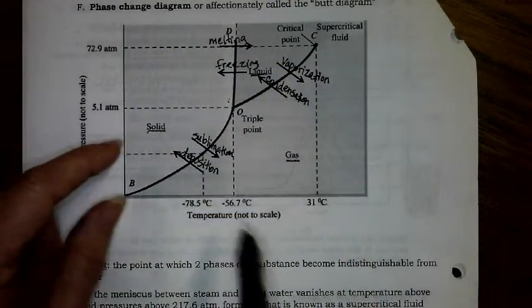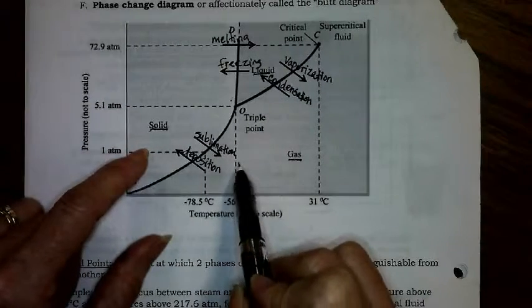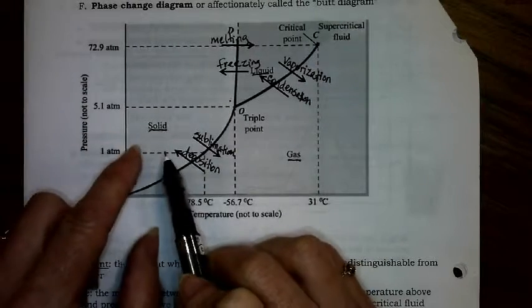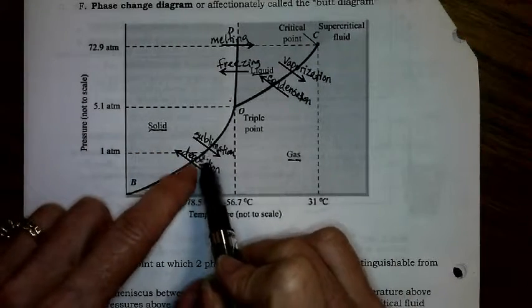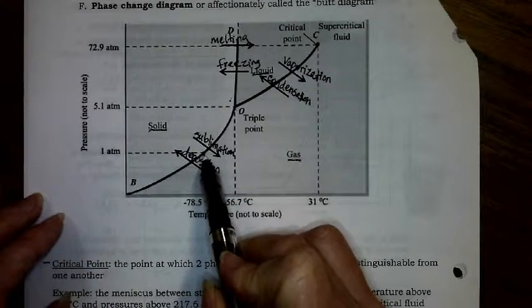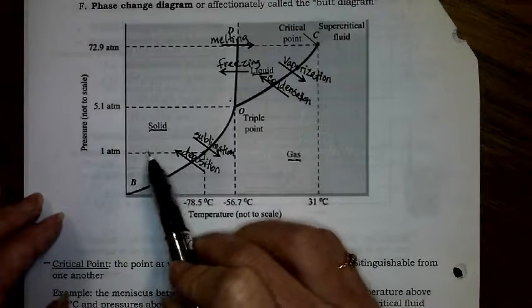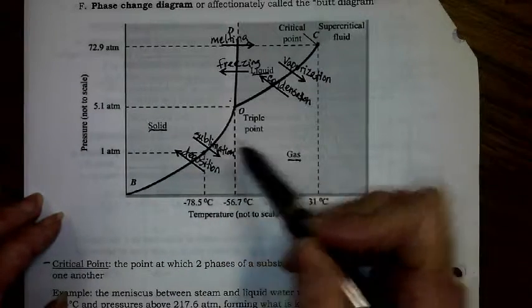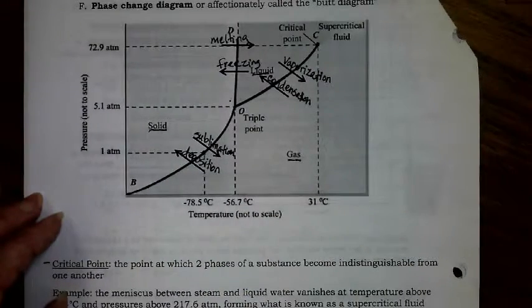What that means is the solid and the gas exist at the same time. You would be going from a solid to a gas, so not all of the solid would be gone, and it wouldn't all be turned to gas. You'd have both existing at the same time.